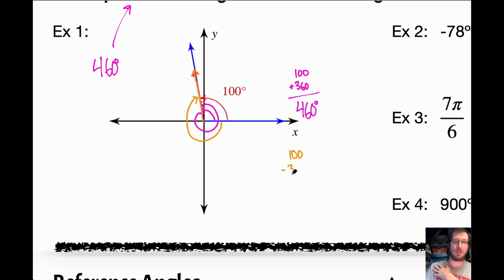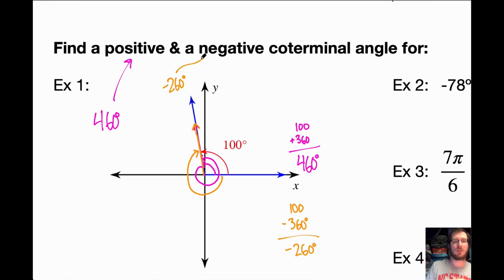So we're taking away a full rotation. So 100 take away 360 degrees is going to be negative 260 degrees. Again, we went clockwise, so that's negative. So that negative 260 degrees counts for our negative coterminal angle.